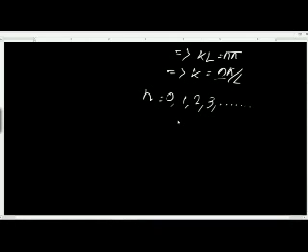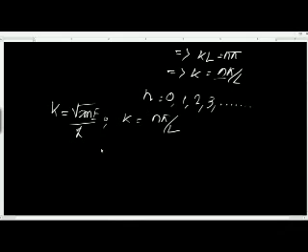Okay, so let's see now what happens. One of the expressions which I have already found is k is equal to root over twice mE by h cut. And the second expression I just found out is k is equal to n pi divided by L. So if I equate these two, I have got root over twice mE divided by h cut is equal to n pi divided by L, right?